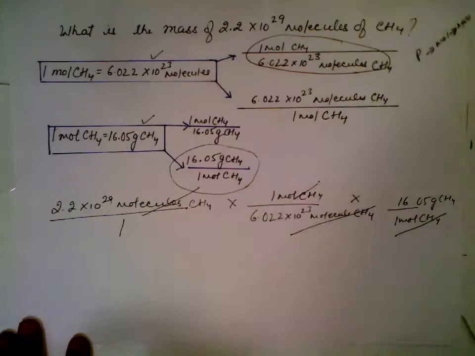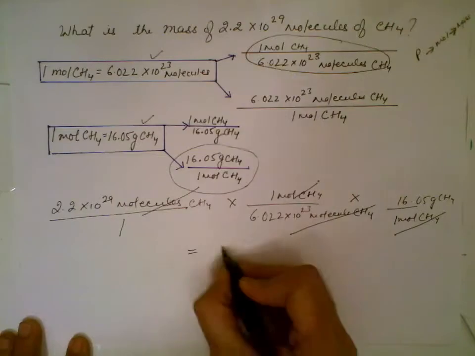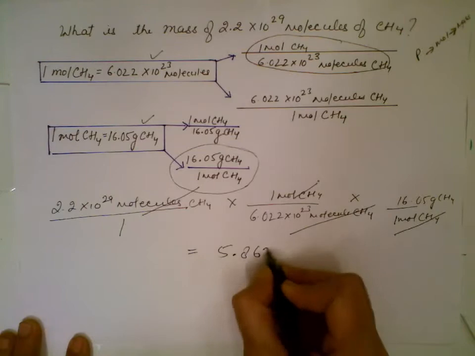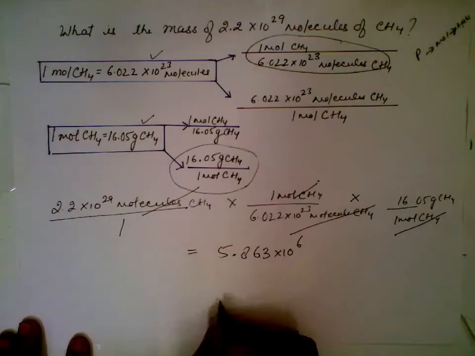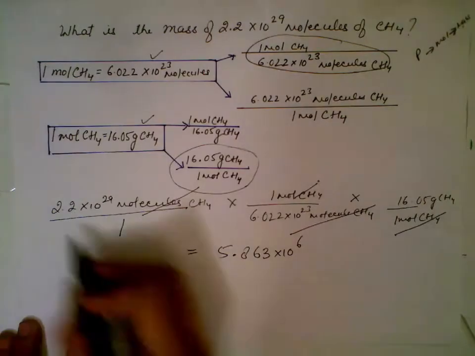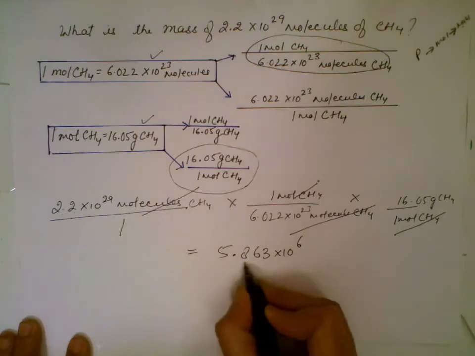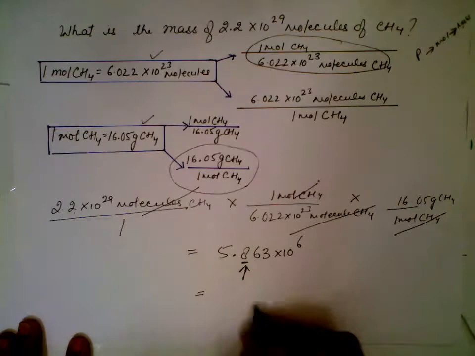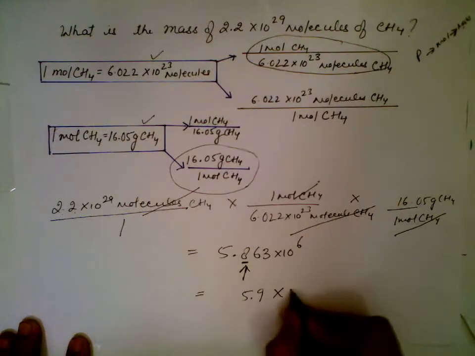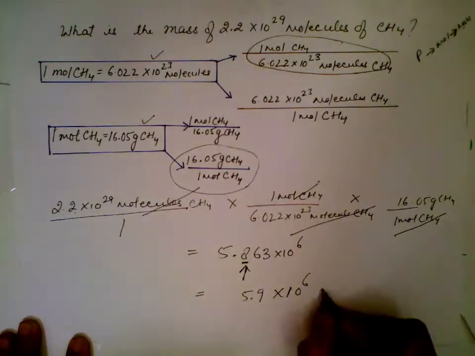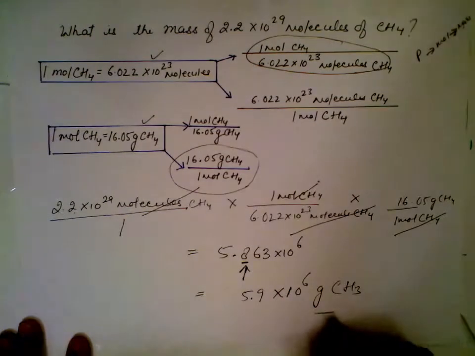Cancel this and this. Now use your calculator. You're going to get 5.863 times 10 to power 6. All right, so 2 sig figs. So you're going to round at this place. This will give you 5.9 times 10 to power 6 grams of methane, with the unit.